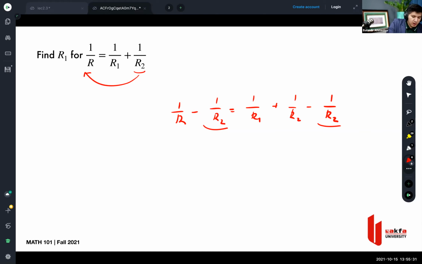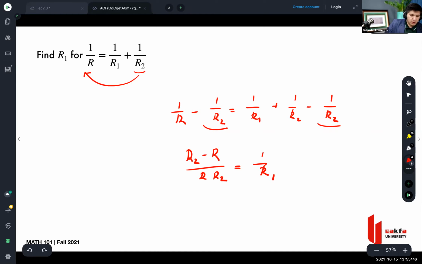It's going to be R2 minus R1 divided by R1 times R2 is equal to 1 divided by R1. Oops, sorry, it is simply R here, okay? So now if I would like to find R1, I would just flip over these two fractions on both sides of the equation.